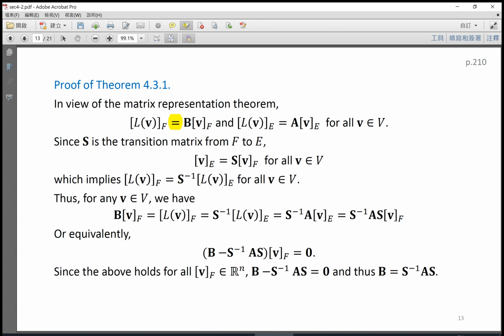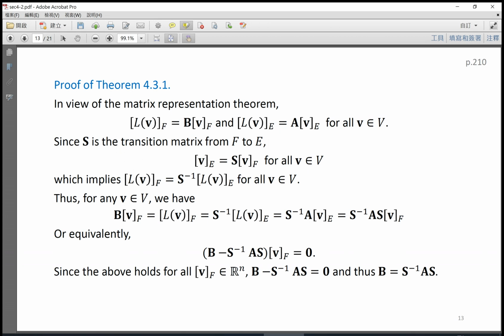Next, we will prove the following relationship, where the first equality is due to the first equality in this slide, and the second equality is due to S inverse being a transition matrix from basis E to basis F, and the third equality is due to the second equality in this slide, and the fourth equality is due to S being a transition matrix from basis F to basis E.